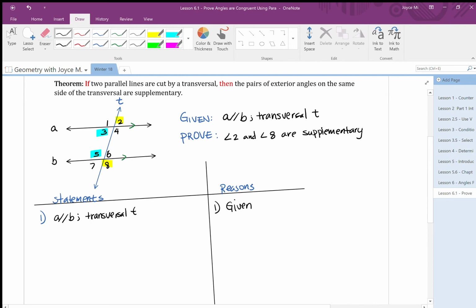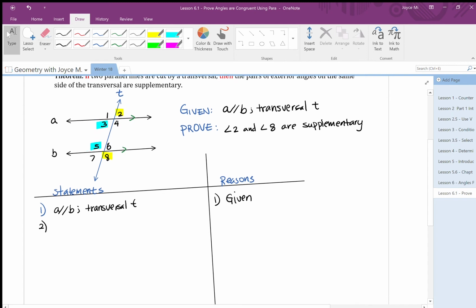Okay, number two, we say if two lines are parallel, then a lot of things can be true here. So in this case, we could say angle 3 and angle 5 are going to be supplementary. Step two is that angle 3 and angle 5 are supplementary. Okay, so if two lines are parallel, then same side interior angles are supplementary.